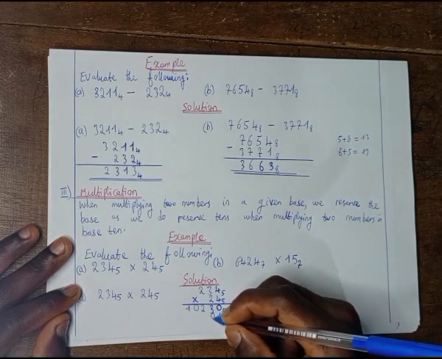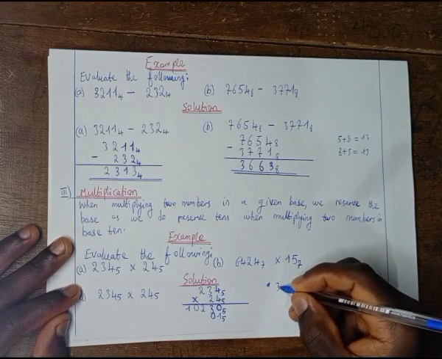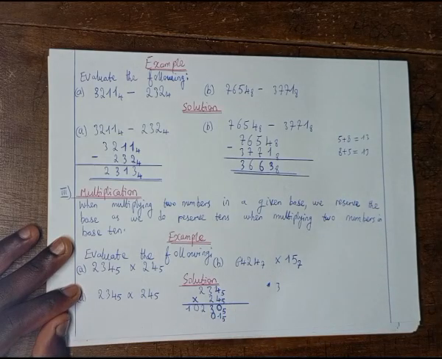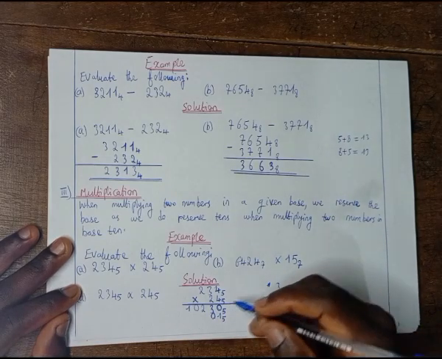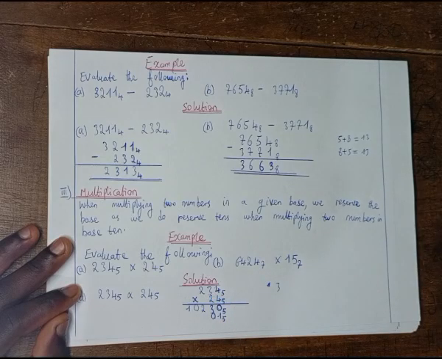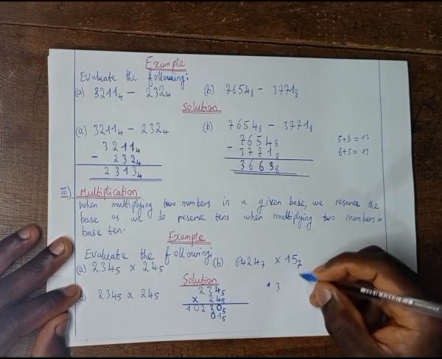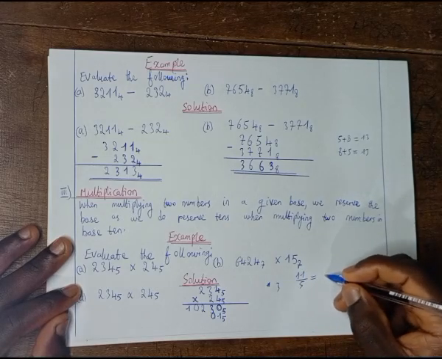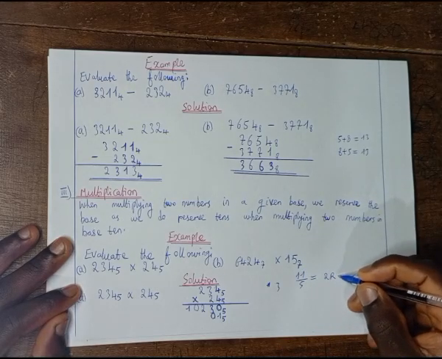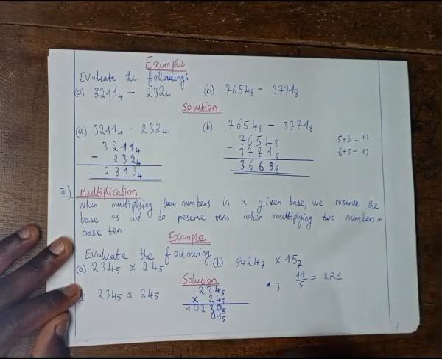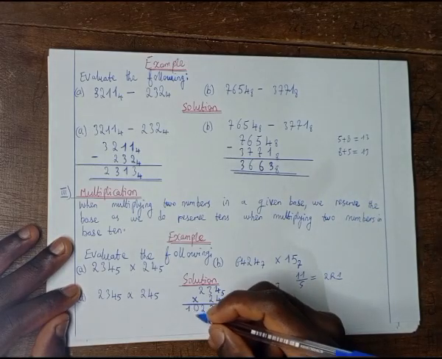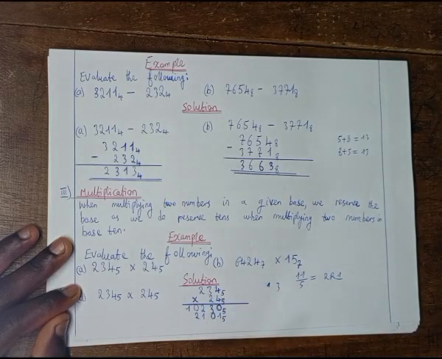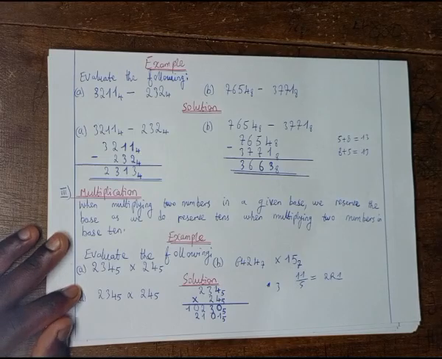We are going to write 0 here, then we carry 3. Next, 4 times 2 gives us 8, plus the 3 we carry gives us 11. 11 divided by 5 gives us 2, remainder 1. We are going to write the remainder here, 1. Then we write 2 here, the whole number part at the higher place value.